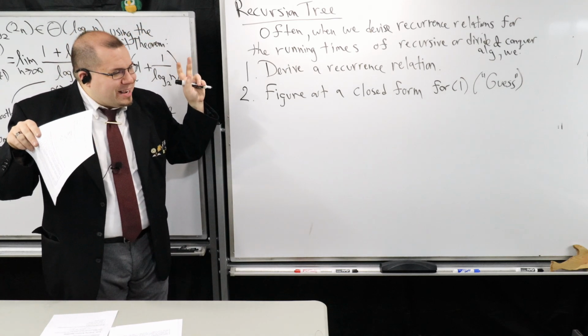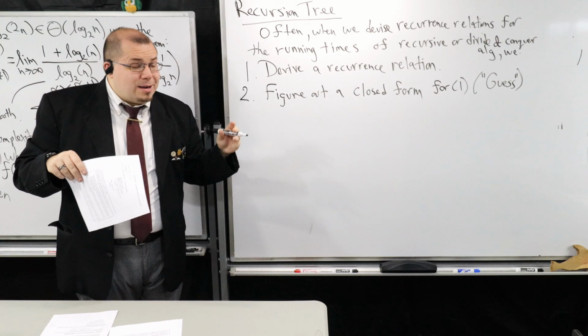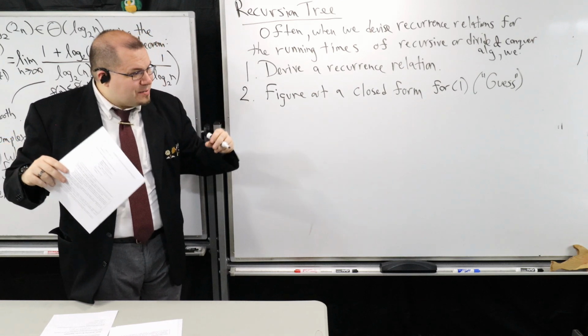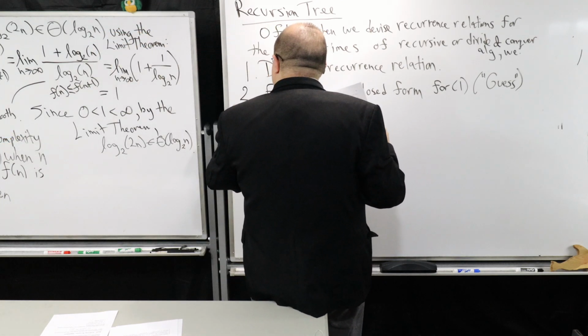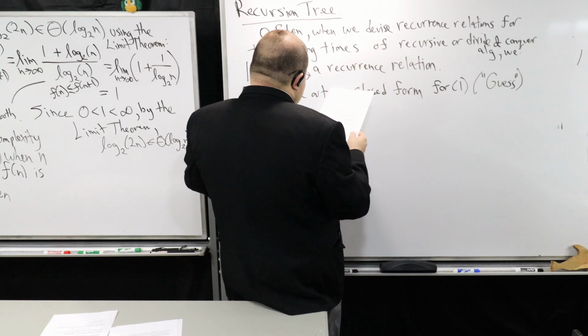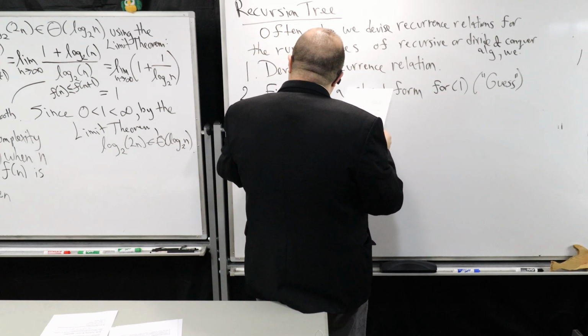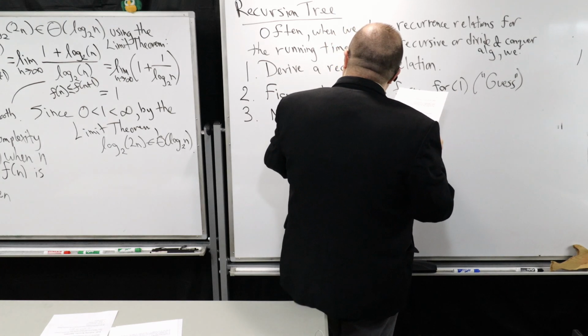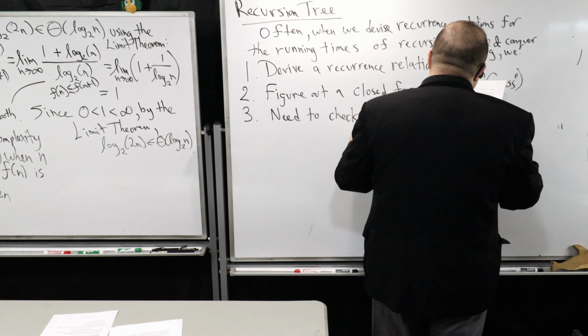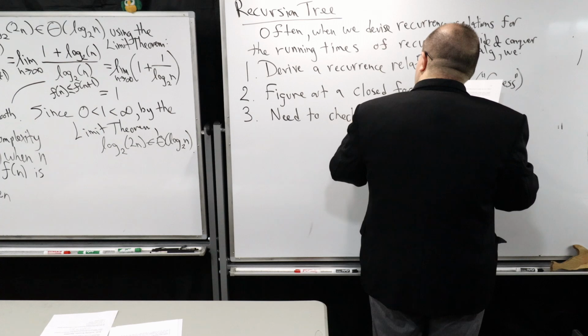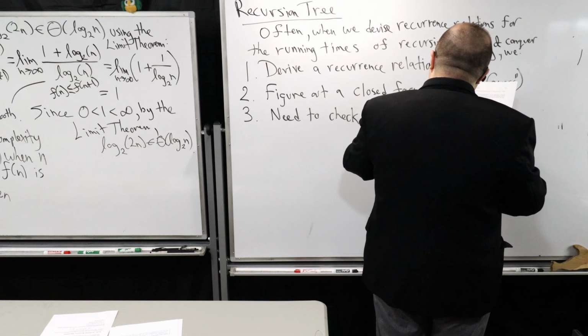So sometimes people call it a guess. The technique I'm referring to is sometimes called guess and check. I'm just showing you an intuitive way of approaching this. So we need to check our guess.